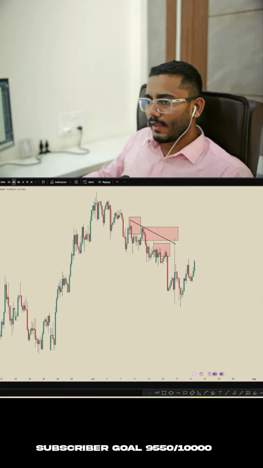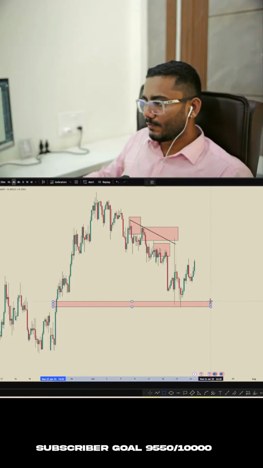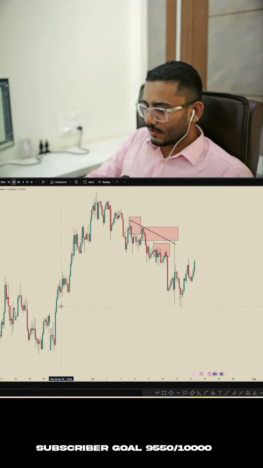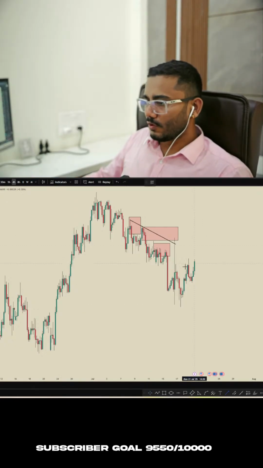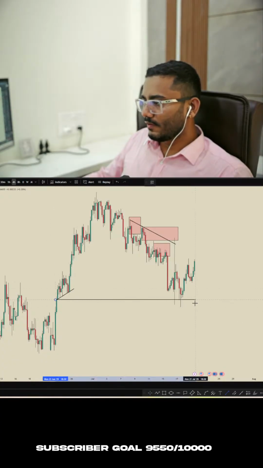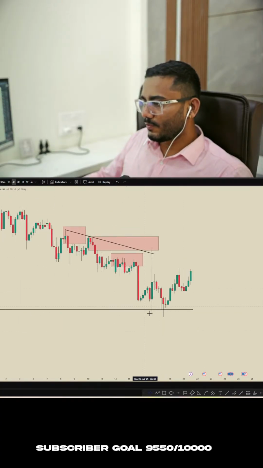Okay, and here price has created this imbalance, fulfilled this imbalance. So I like to see liquidity sweep on imbalances. So here there was this trend line liquidity and there was this imbalance where price swept out this previous low.